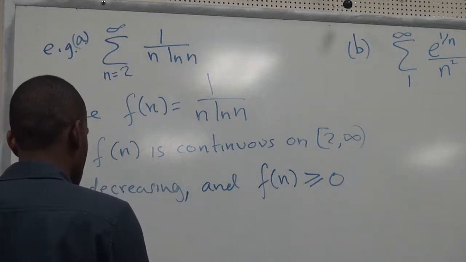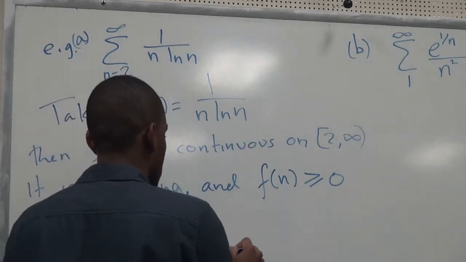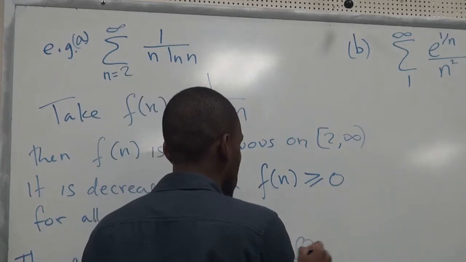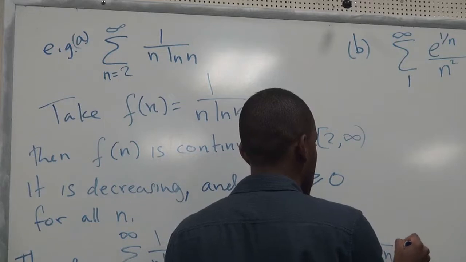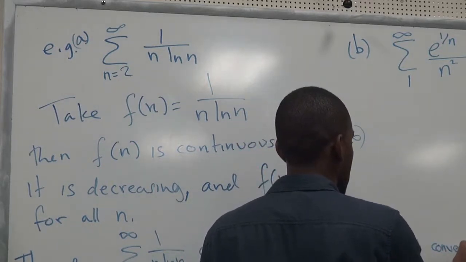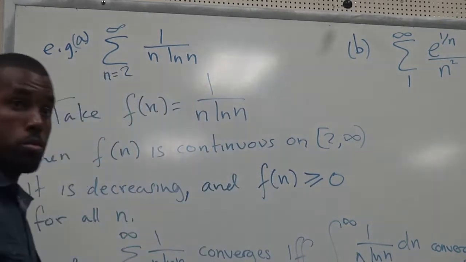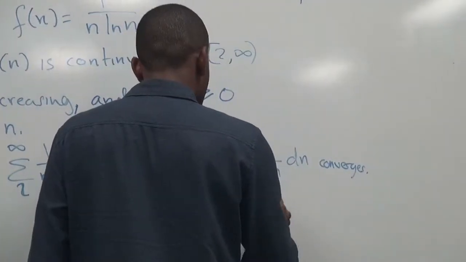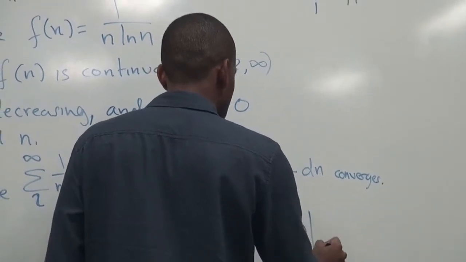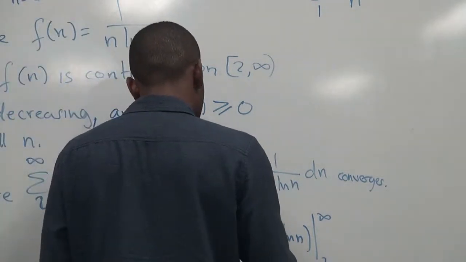This guy converges. And now if I take the integral from 2 to infinity of 1 over n ln n, what is this integral? You get ln of ln n, going into infinity.